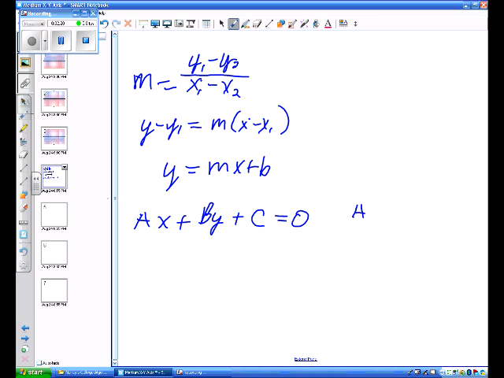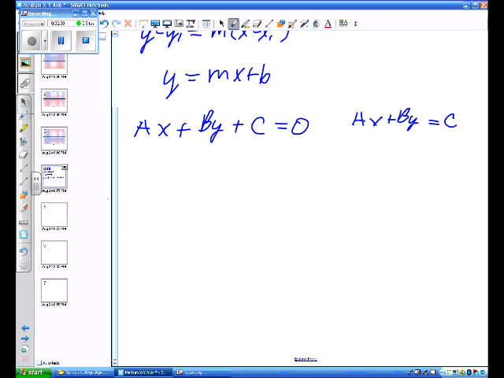Some books will use ax plus by equals c as the general form. All that we did was we subtracted c, moved it to the other side, and since we don't know whether c is positive or negative, it's just equals c. So these are both different forms of the general form. In the rest of this lesson, I'm going to use this first form for the general form, but you may also see it in the other form.